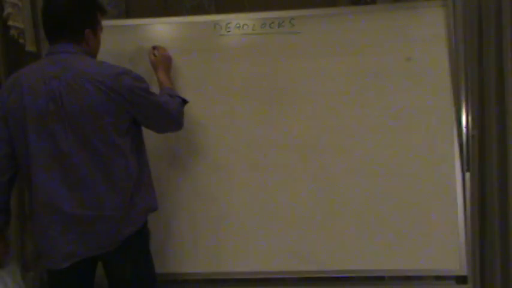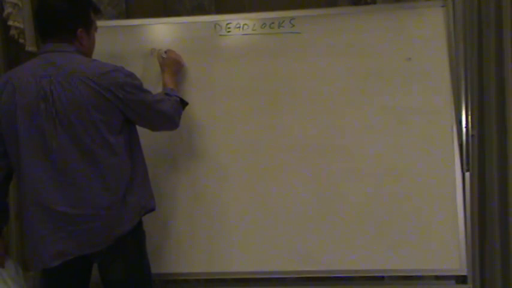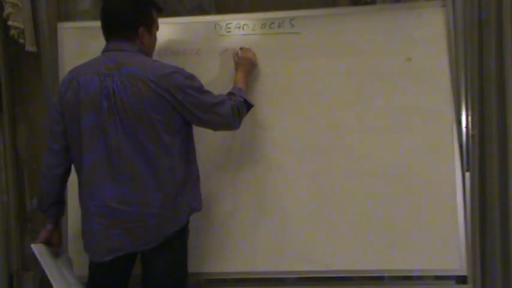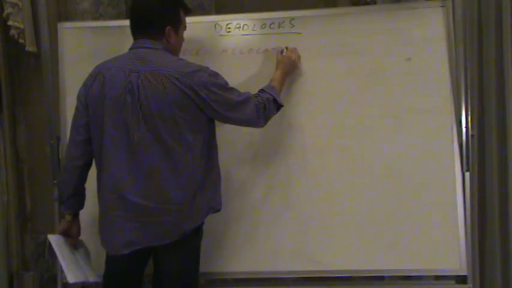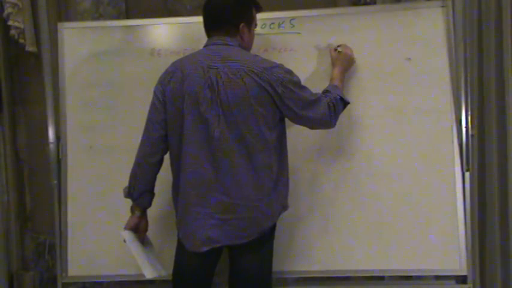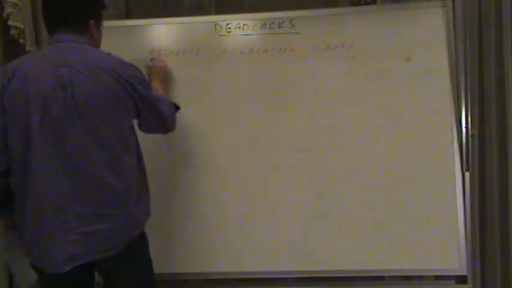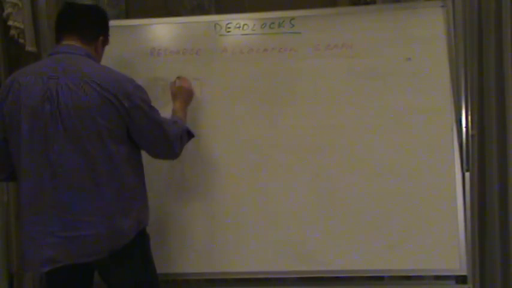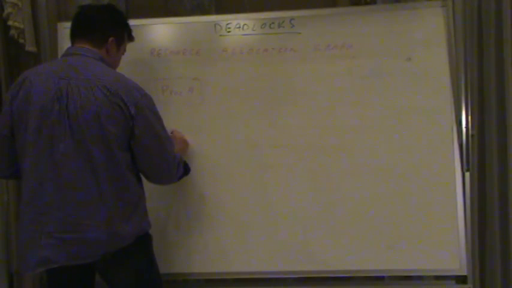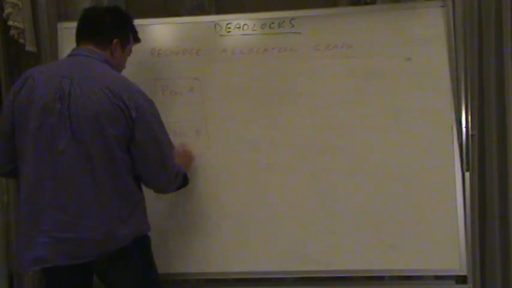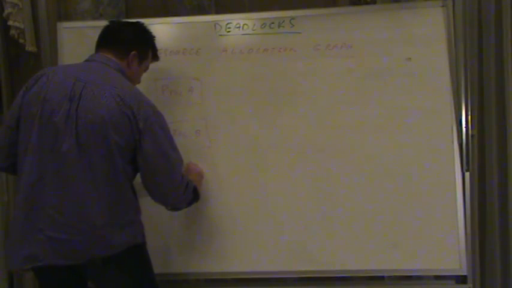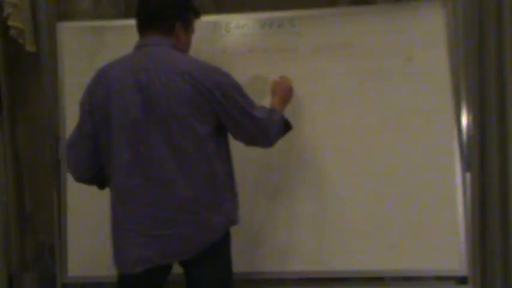So there's the concept of a resource allocation graph. So if we have process A, process B, and process C, and then we have a pool of resources.